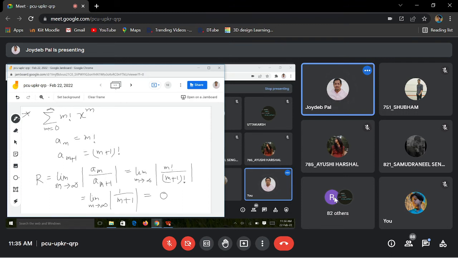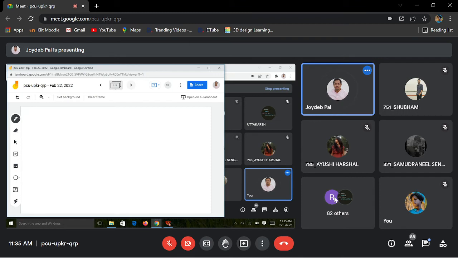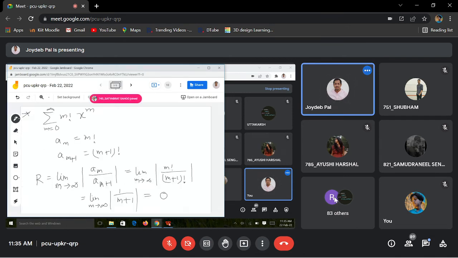You will not get any finite interval for that; you will get a single point only. Because modulus of x less than 0 would be the interval, but such an interval is not formed. So it will not give any interval, and we know that for the center the series converges.